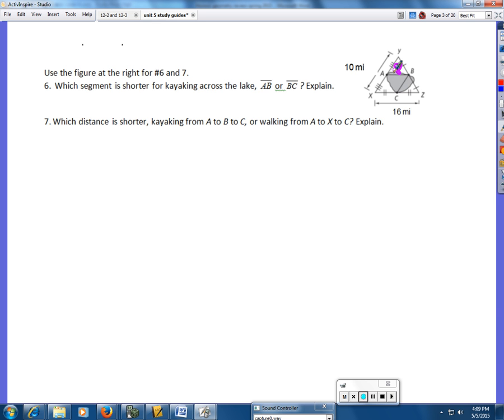And BC would be half of this base, so that would be 5. Which one's shorter? AB is 8 and BC is 5, so BC is shorter since 5 is less than 8.